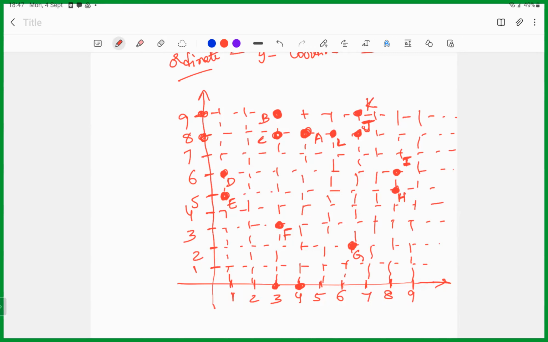Okay. So what they are telling, first you join the points A to B, B to C, C to D, D to E, E to F, and then K to A again, L to A again. Did you join the points?